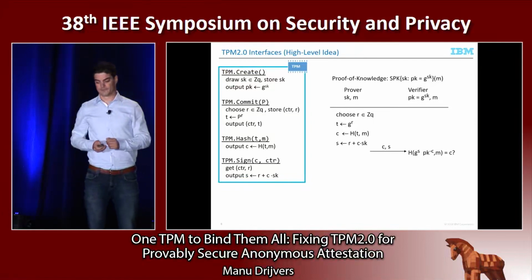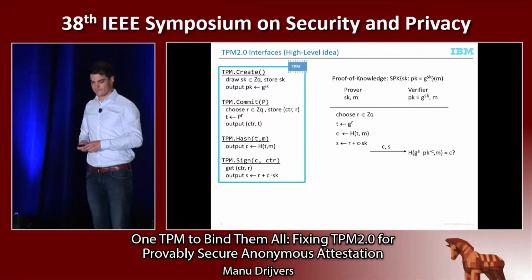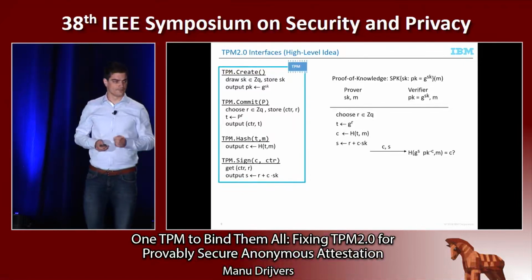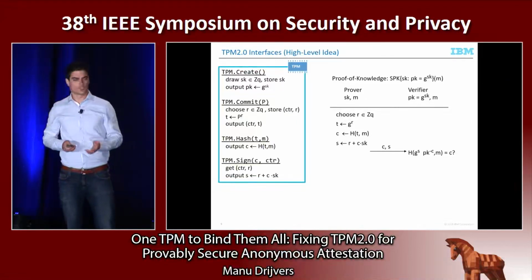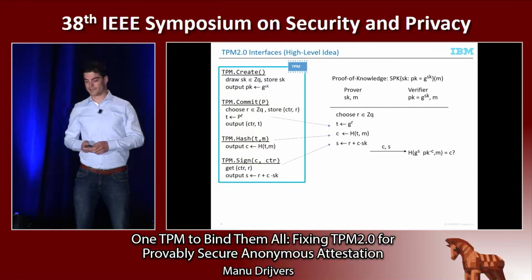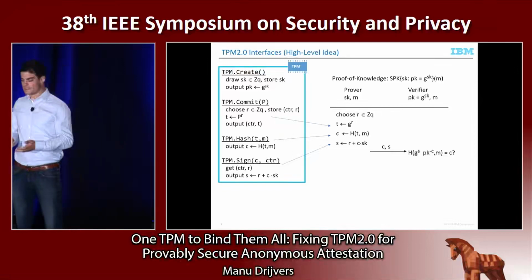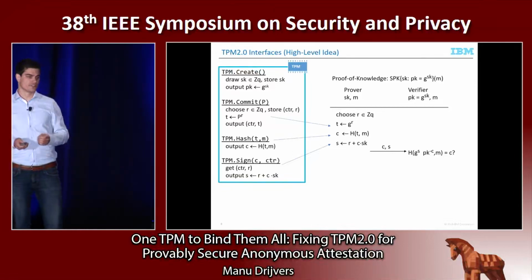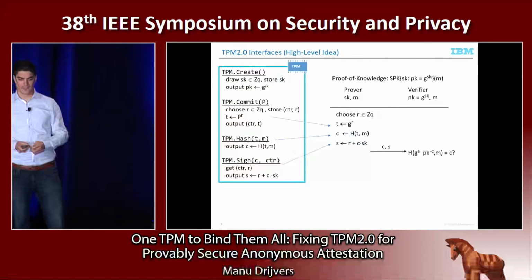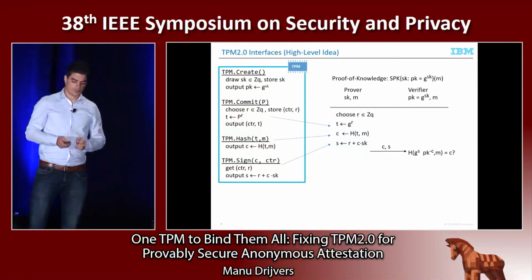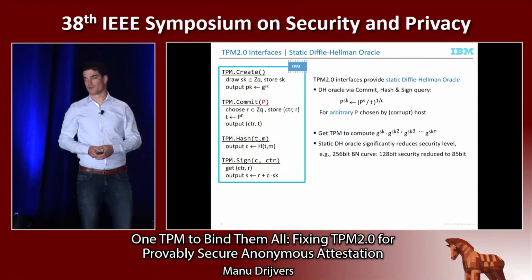You see that this protocol roughly has 3 steps, and we have 4 commands on the left. The left shows the relevant TPM commands useful for anonymous attestation. The first one creates the key pair that you use, and the rest corresponds exactly to the steps of this zero-knowledge proof. Now this looks very good, and we know that the zero-knowledge proof does not leak information about the key that is being used, so we might be convinced that the TPM protects its key properly, but there is actually a problem there. And the problem is the so-called static Diffie-Hellman oracle.